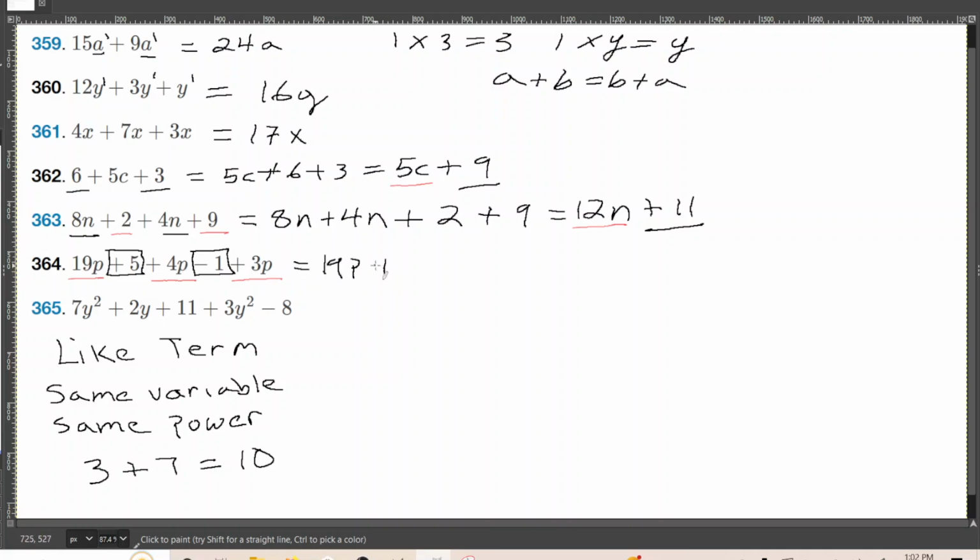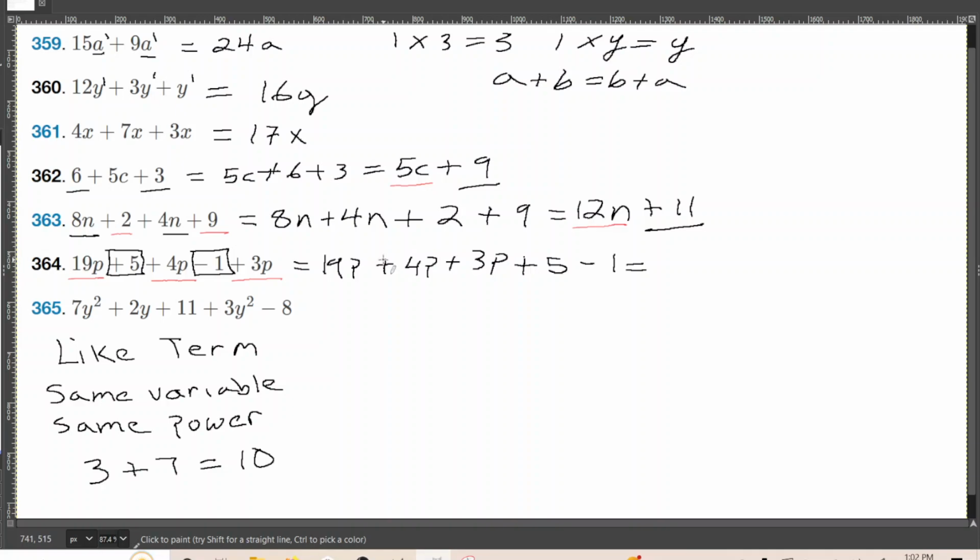19p plus 4p plus 3p, right? But then now we have plus 5, so the only reason that plus is coming, it's right in front of the 5, okay? But it's minus 1, alright? So now if we add all the p's together, or combine them, because combining can be subtraction as well, right?